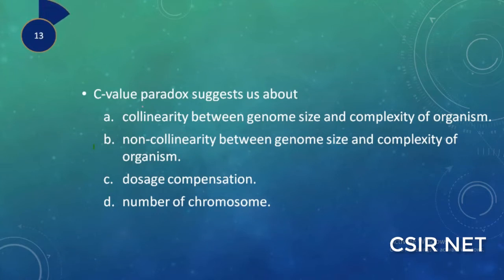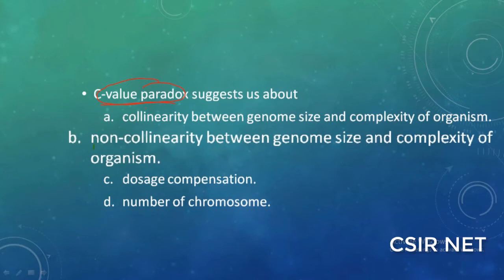Here they have asked what the C-value paradox is, so you must be clear about its concept. The option is B, non-collinearity between genome size and complexity of organism. It means genome size has nothing to do with the complexity of the organism.